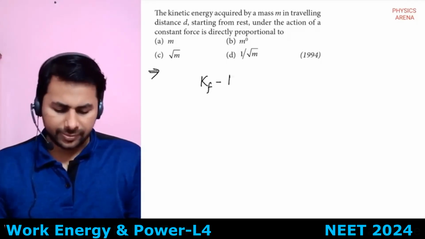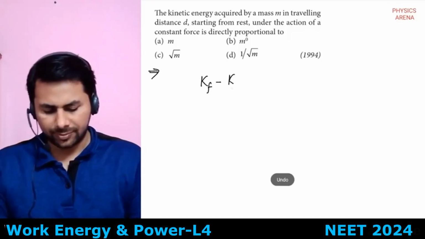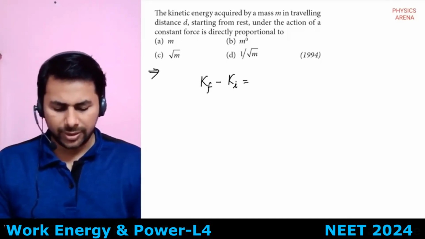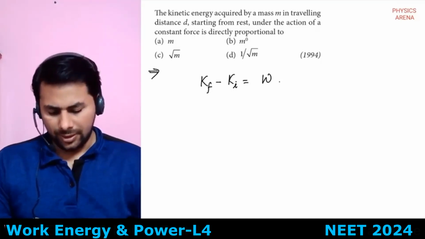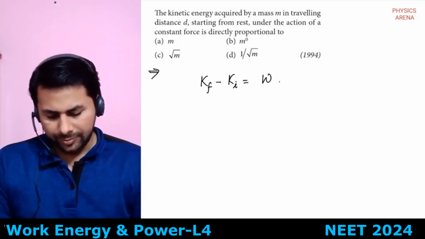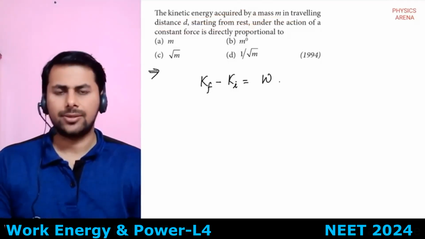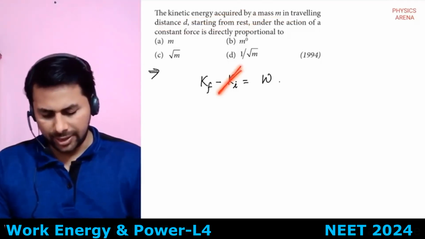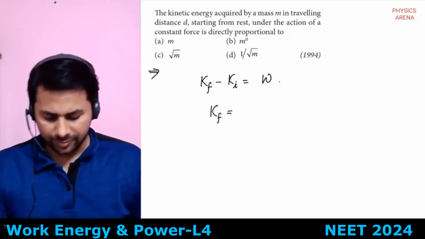Kf minus K0, or K initial you can say, is equal to what? Work done, right? And the body is starting from rest. So that means initial kinetic energy is 0. So final kinetic energy is work done.